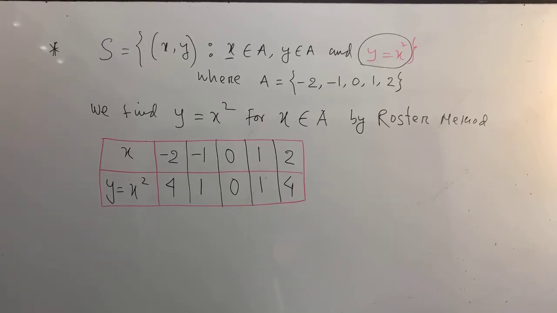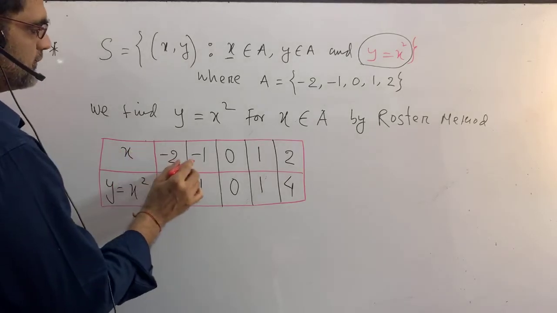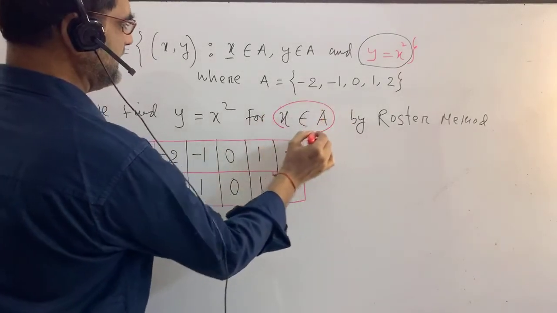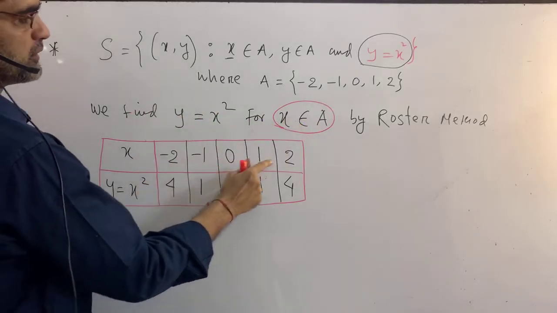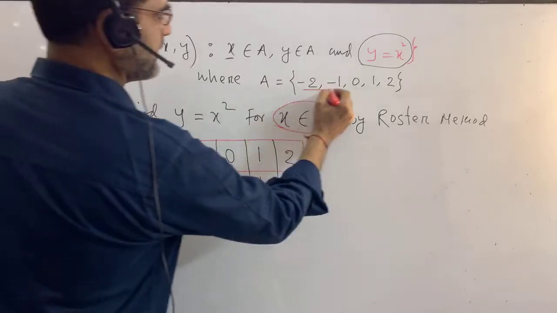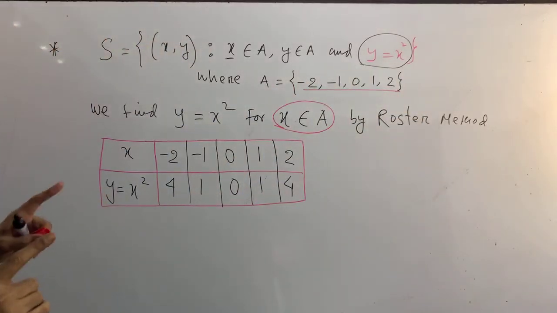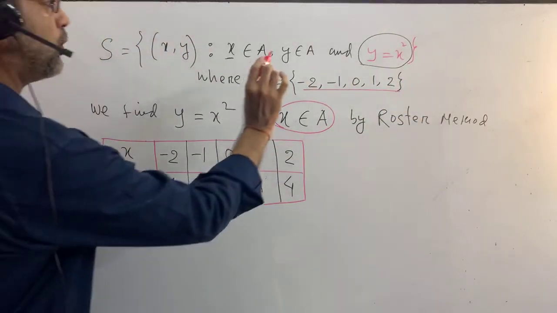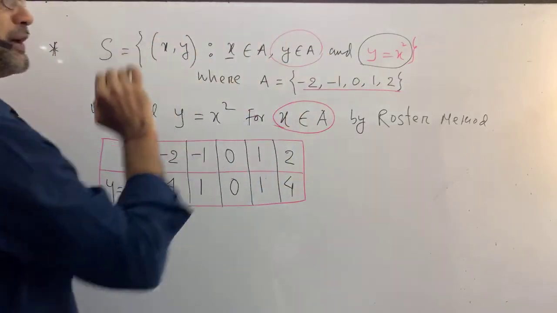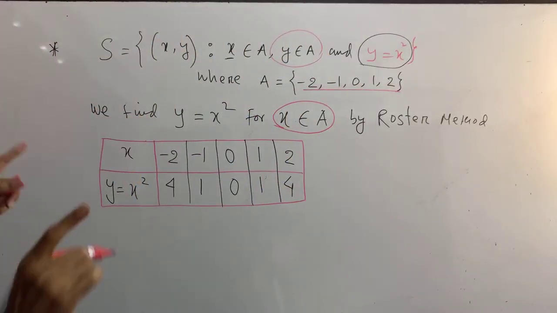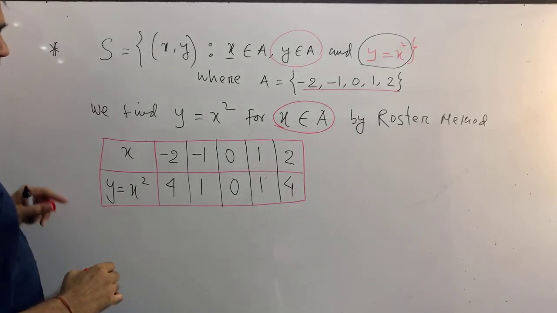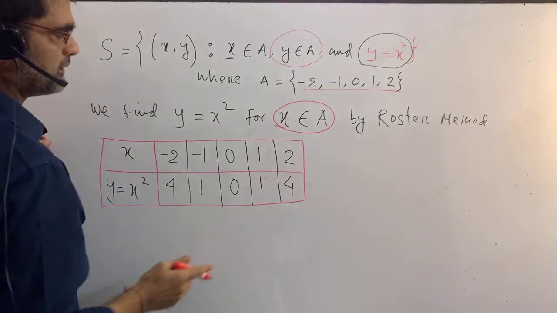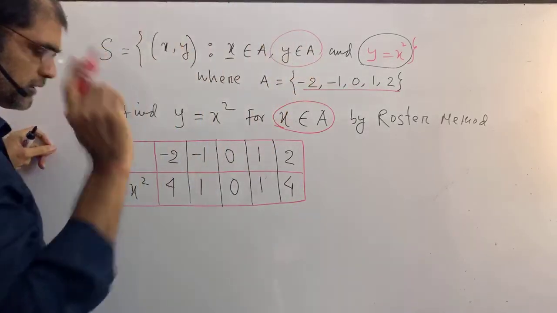Okay, now you see what is the condition here. I have taken all x belong to A. This has been considered. You see, A is -2, -1, 0, 1, 2, right? This is A. Now another condition is given in this question, that y must belong to A. Okay, y must belong to A. Now you have to think that all the values we have got here belong to A or not.